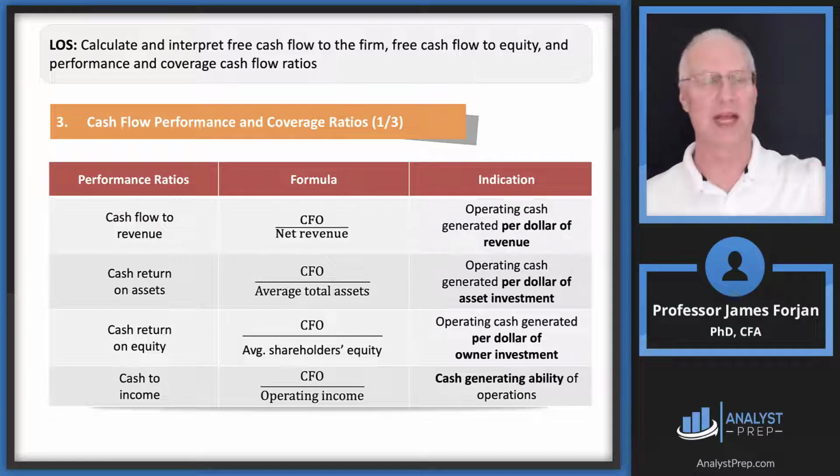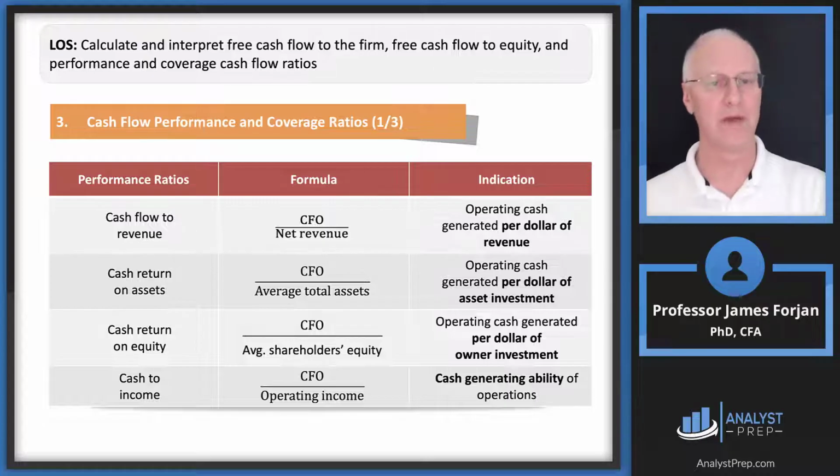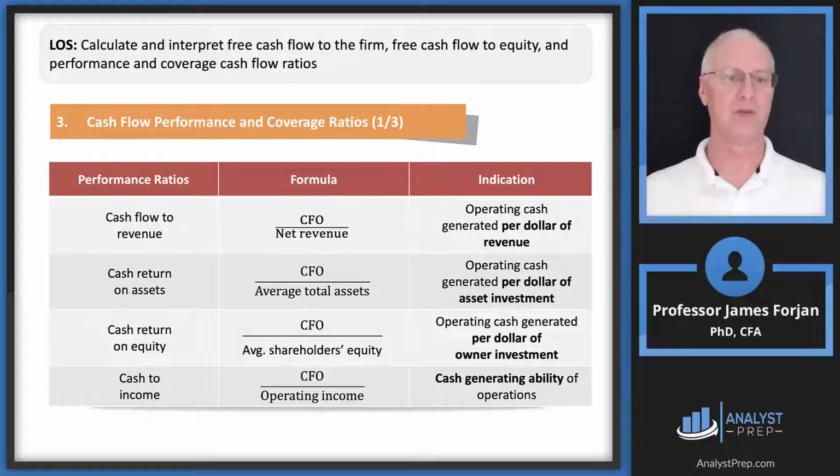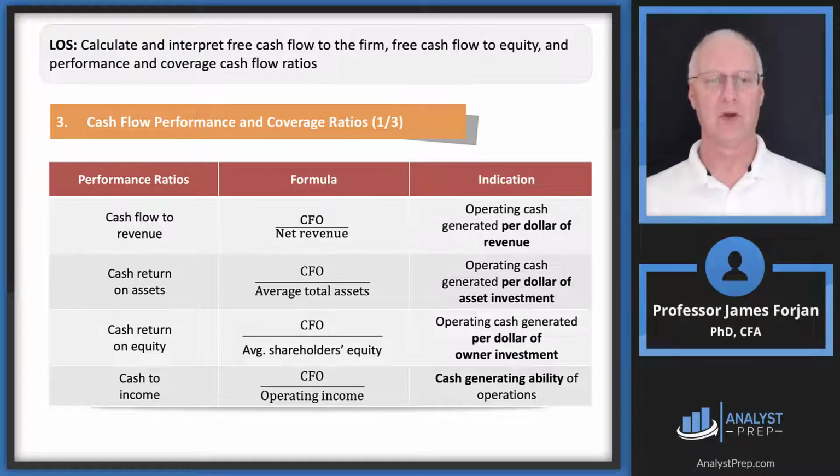So we just spent lots of time computing that cash flow, and now we're going to put this in the numerator and we're going to divide it by something that's really important or relevant to our particular analysis, right? So if we want to know what is cash flow to revenue, what is cash flow to assets, what is cash flow to equity, what is cash flow to net income or operating income, and so what do we want?